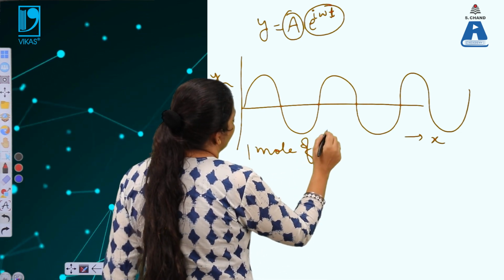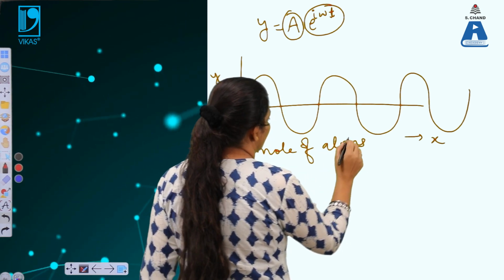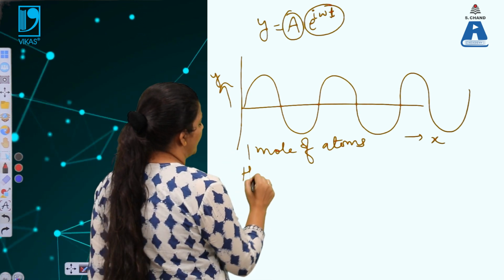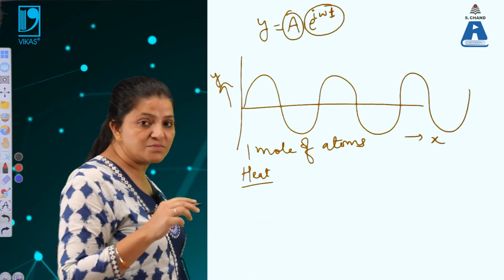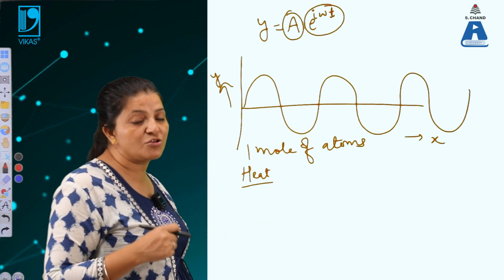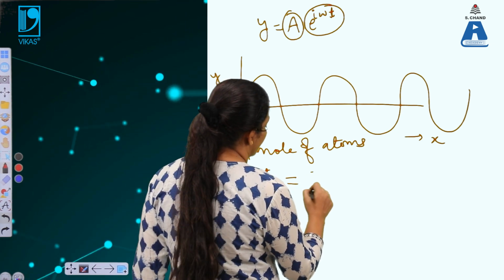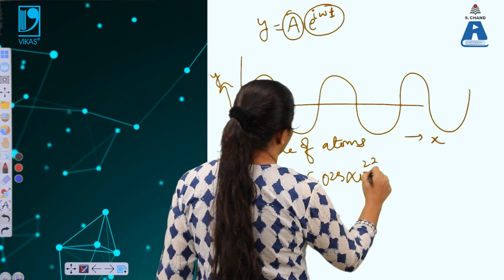Now take 1 mole of atoms present in a crystal. When some heat is applied to these atoms, all the atoms start vibrating about their mean position. For 1 mole, the number of atoms is 6.023 into 10 raised to power 23 atoms.